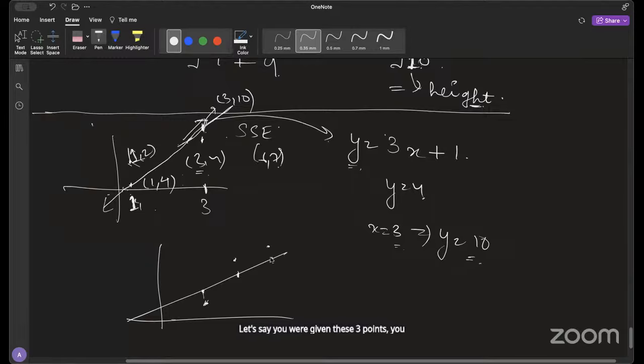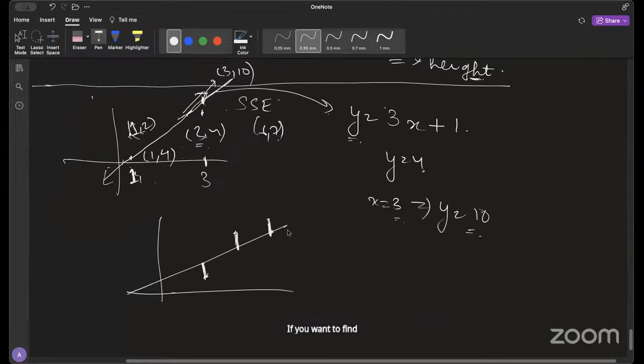You try to find these points and then find the distance between them, and then minimize the distance between them. That's our idea. If you want to find a line which is closest to all these points, what you do is, you first find the points that correspond to, so that you can find the perpendicular distance.